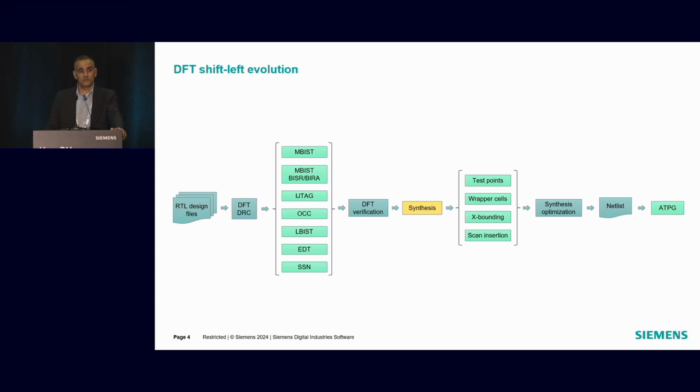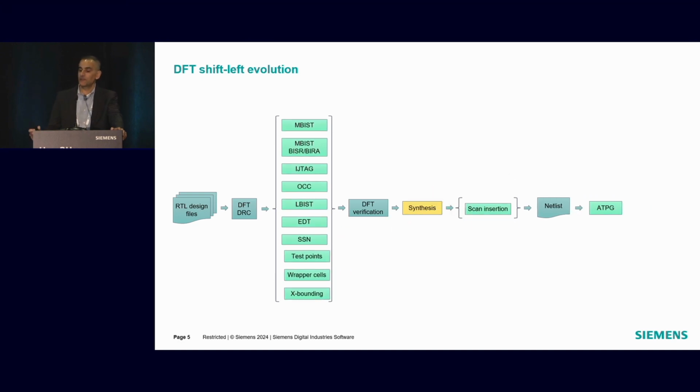A few things we were still doing at gate level include test point insertion and analysis, wrapper analysis, and scan insertion. So now we've shifted those last 3 pieces, other than scan insertion, back to RTL. So test point analysis and insertion, wrapper analysis, and other tasks can now be done at RTL.